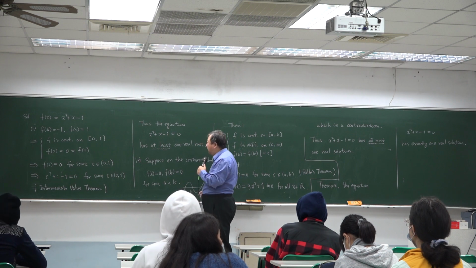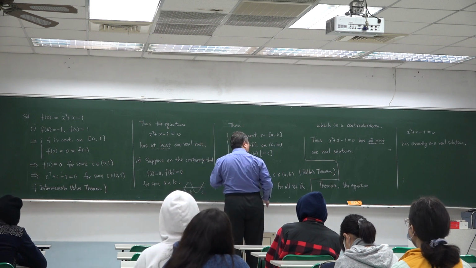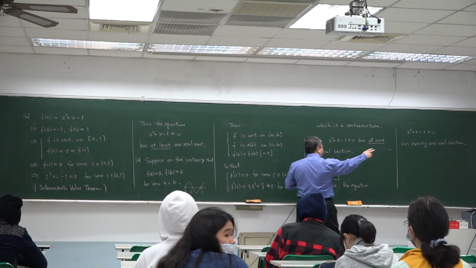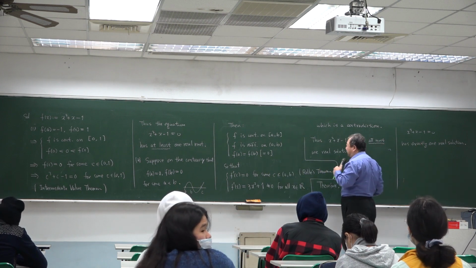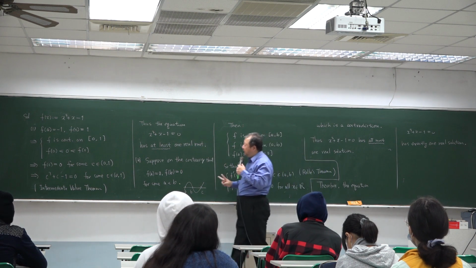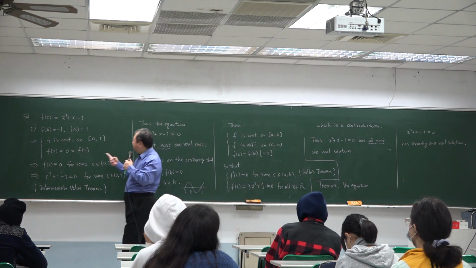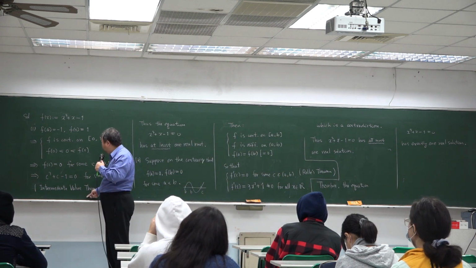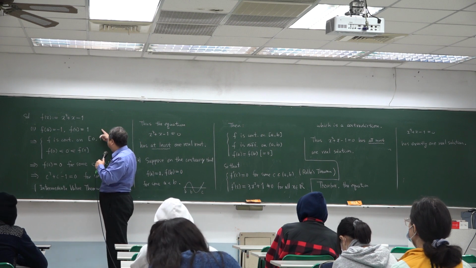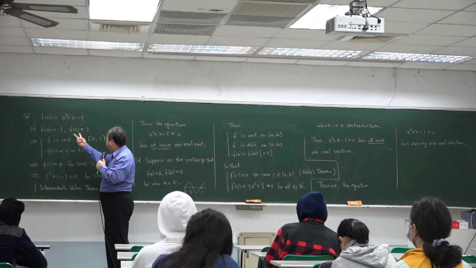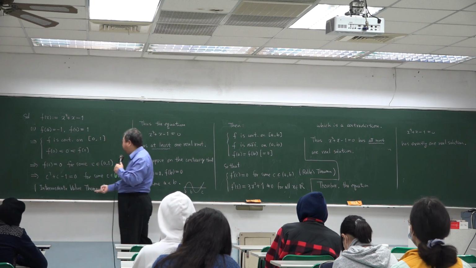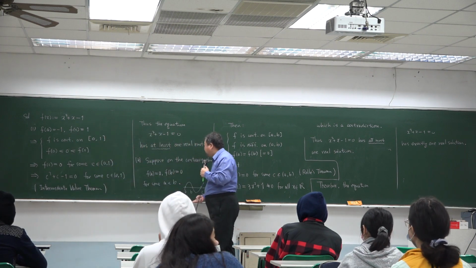Okay. I mean, if you want to show some equation has exactly two real solutions, you use the intermediate value theorem. Consider another number, maybe f of 2 will be negative, sign change. So at least 2. At most 2.